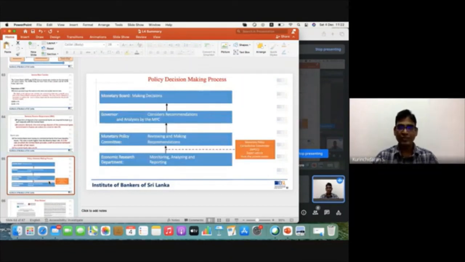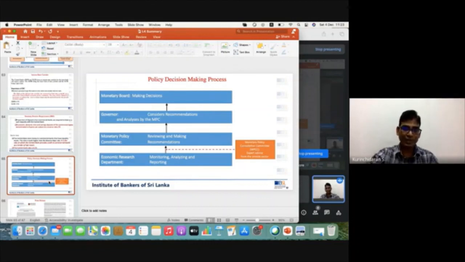I just want to give some idea of what's happening in the central bank. We have the central bank's apex body. We call it the monetary board. In a bank it's a board of directors, but in the central bank we call it the monetary board. In the monetary board, there will be a governor, the secretary of the treasury and 3 other officers appointed by His Excellency.